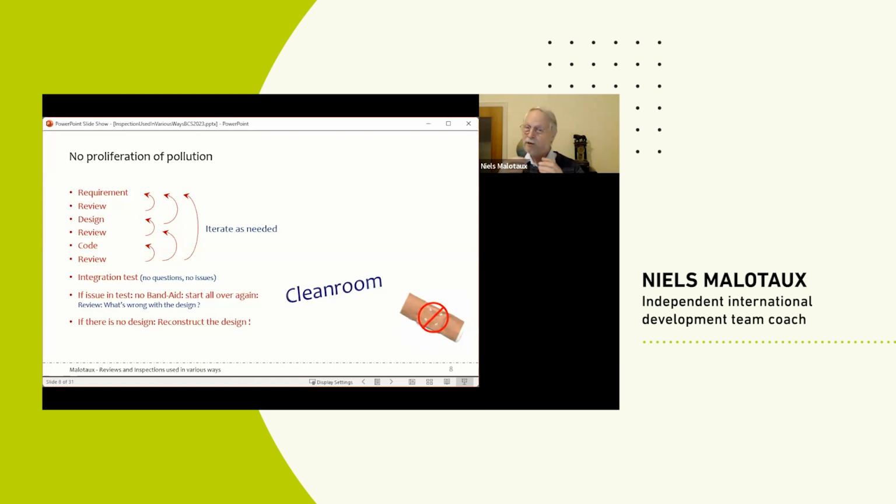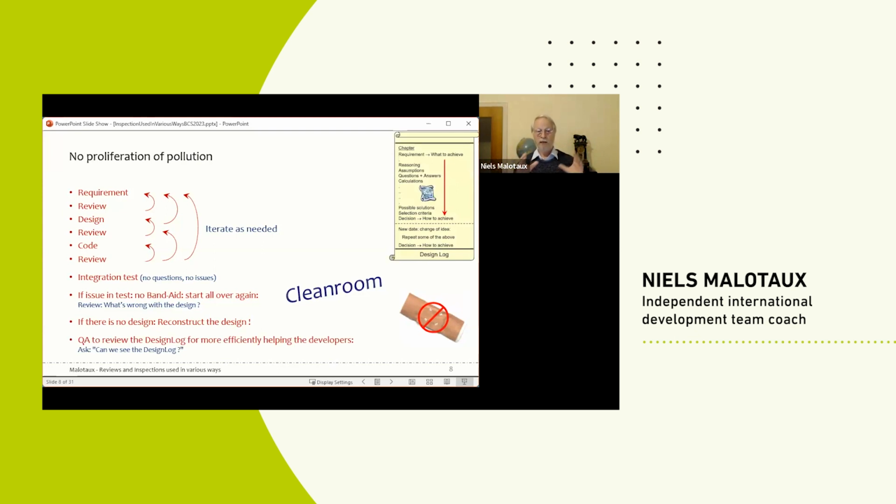So he said, we tested the module and we found about 300 defects. And then, because there was, of course, no design, we only got the code. He said, then we reconstructed the design from the code, and we found 3,000 potential issues. The thing is, the things you find in the review, often you don't even find with testing.